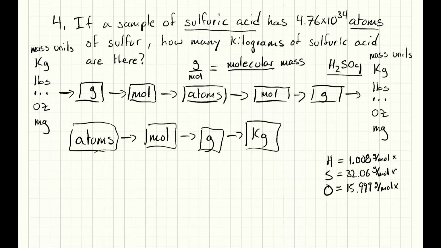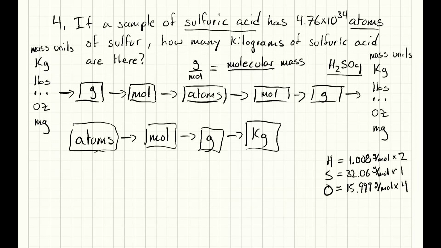So for hydrogen, it's 2. For sulfur, it's 1. For oxygen is 4. Because here we have 2 hydrogens. There's no subscript. That's what these smaller numbers are. They're subscripts. There's no subscript for sulfur, so it's an implied 1, because otherwise why would it be written here? And then for oxygen, it's 4.